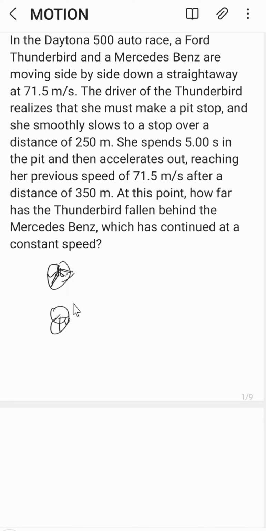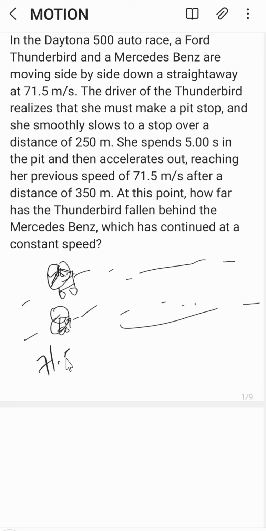Moving side by side, they're both traveling down a straightaway at 71.5 meters per second. This is the magnitude of their speeds.